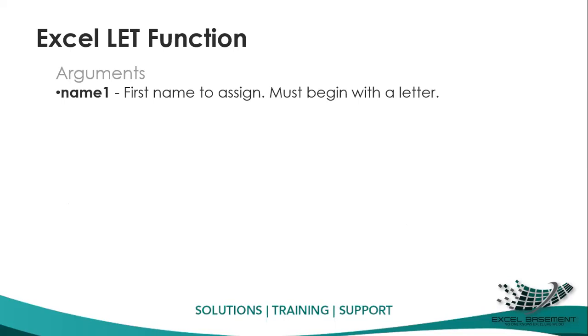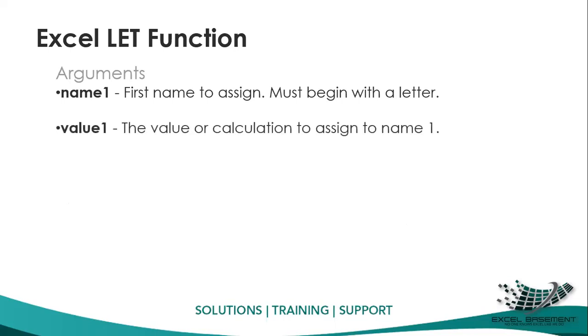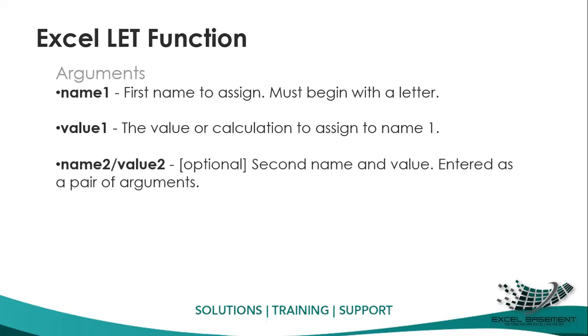Remember that these are the rules for utilizing the LET function. Value one could be any number, or it could be any calculation assigned to name one. Okay. Then again, we can assign more than one variable. So we have a capacity of 126.